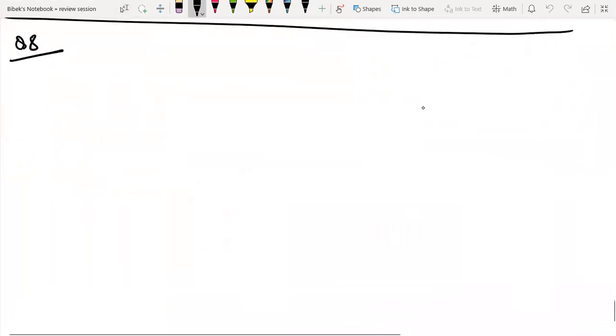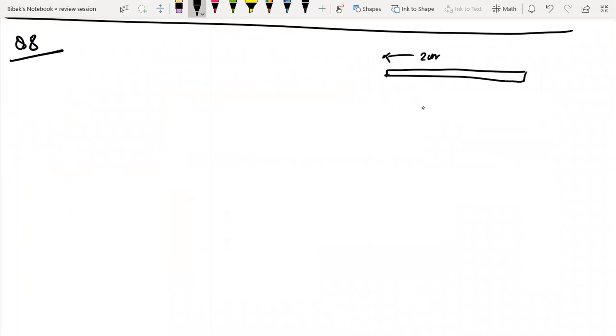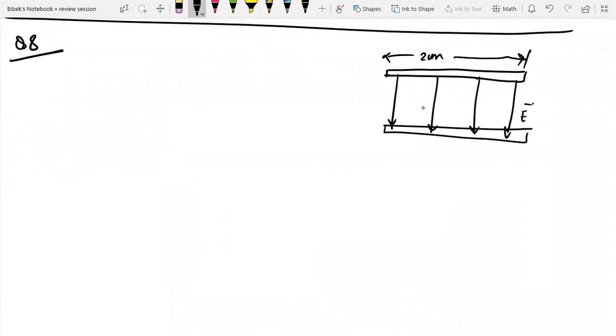So you have these plates, 2 centimeters in length. You have another plate and you have the electric field going in this direction. This is the electric field.